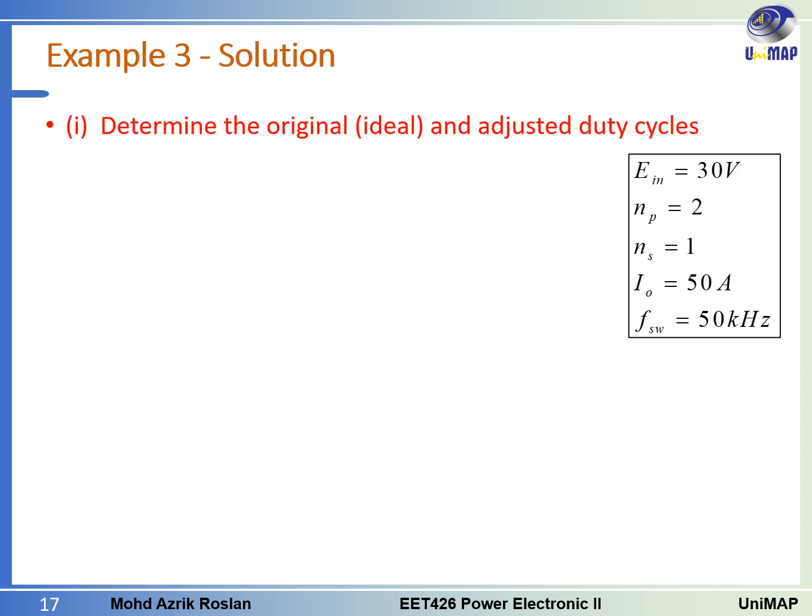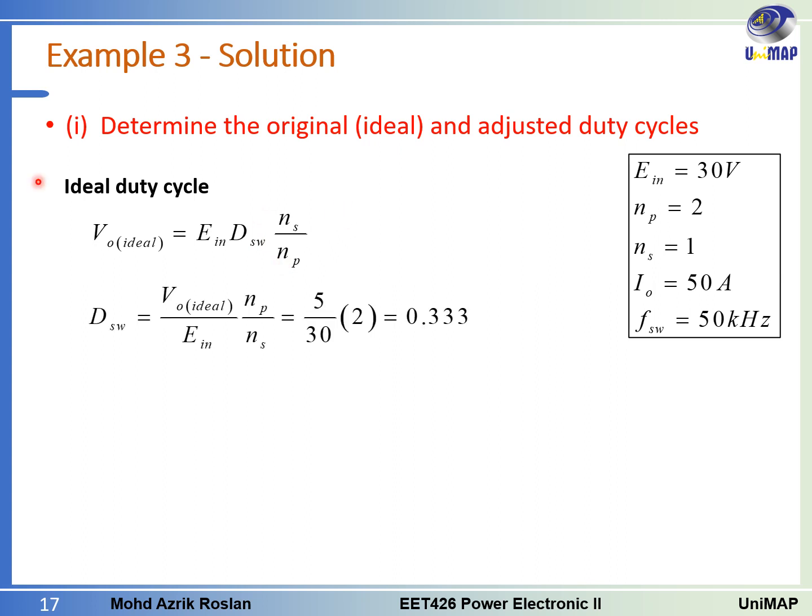Okay, now for the first question, determine the original or ideal and adjusted duty cycle. For the ideal duty cycle, the equation is like this, and when you replace all the values to find the D switch, you know that the ideal duty cycle is 0.333.